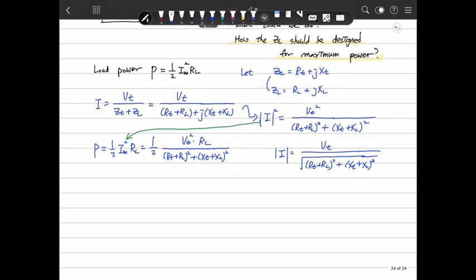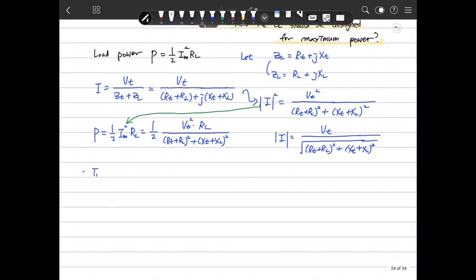So our target is to maximize the average power P. Then what should we do? To maximize the power, we need to check it and rewrite here.